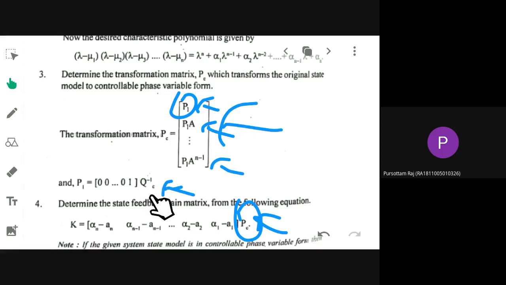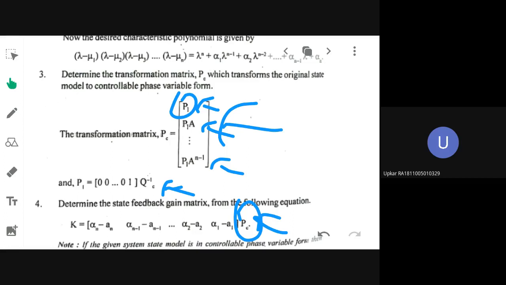What is QC? QC is what matrix? Controllability or observability? Controllability, ma'am. So remember the formula. These formulas only you are going to use in the problem solution.